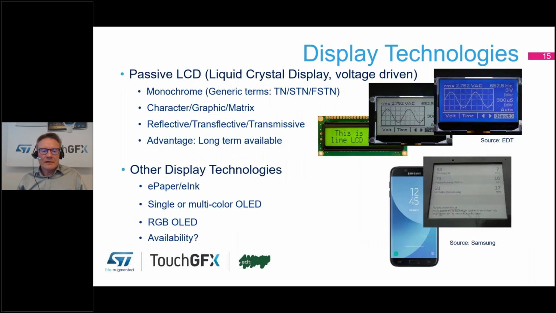It's maybe not the right term to call it a legacy product, but you will recognize the monochrome LCD display from many applications, and that's a very good display if you're looking for long-term availability, and it's generally available. It's easy to drive if you have a small microprocessor system, so we still see some projects arising from this technology.